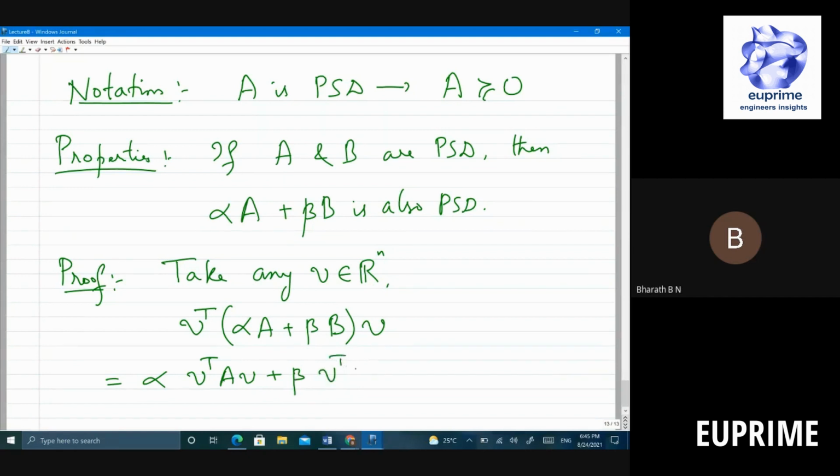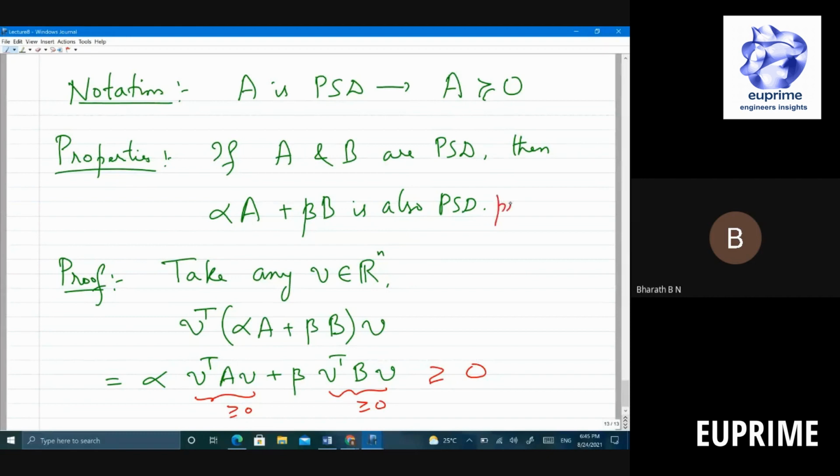Okay. Now, what can you say about each of the terms? This is greater than or equal to 0. Why? Because A and B are both positive semi-definite. But now, if I want the sum to be greater than or equal to 0, what do I need to have?